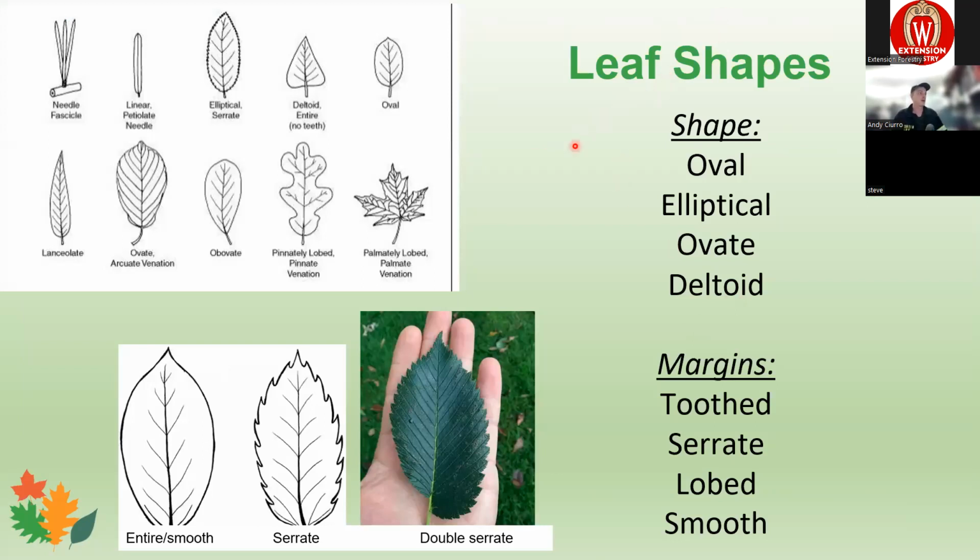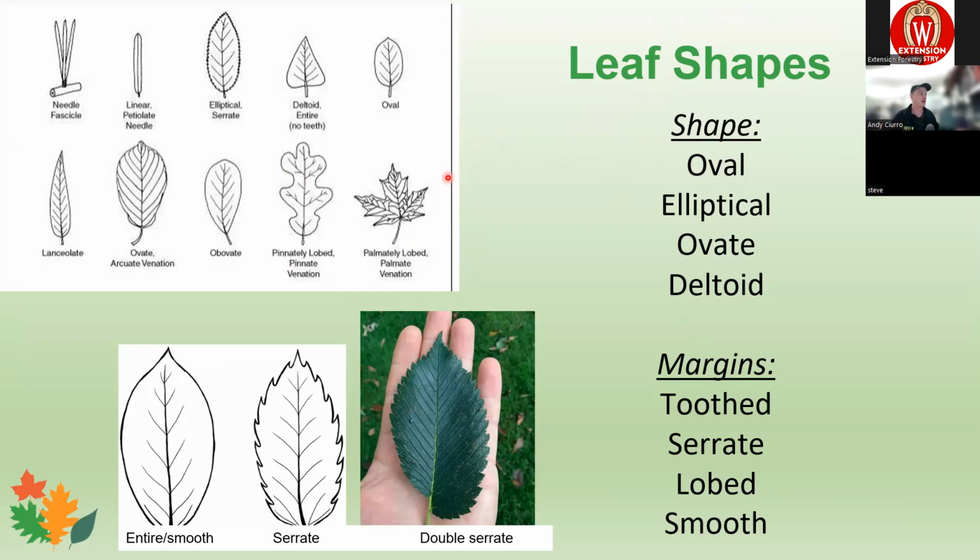So here are some other terms that you might see in your ID keys, that describe the shape of the leaf and the different features of the leaf. Really, all you need to know is that there are some terms out there.